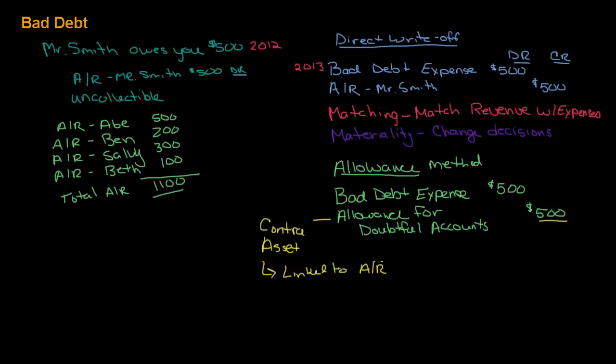So what you would see on your balance sheet, so imagine this is my balance sheet, I would have accounts receivable, and we'll just use the 1100.